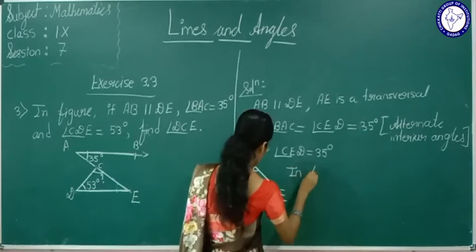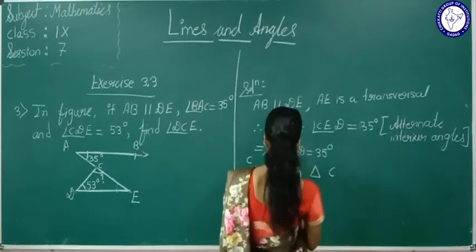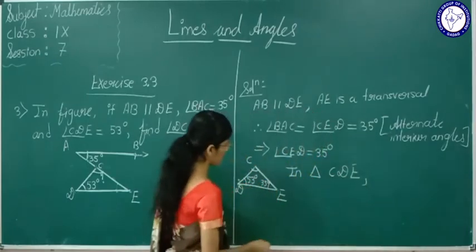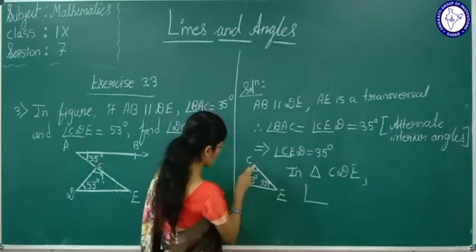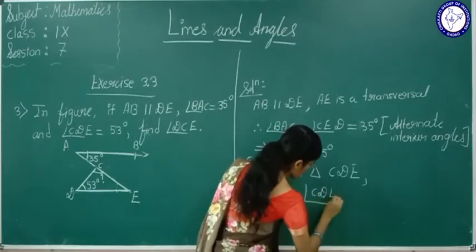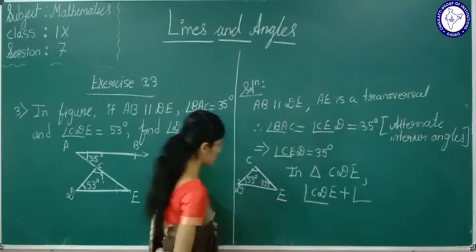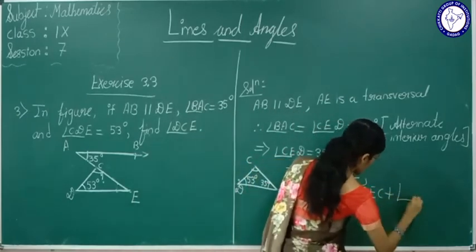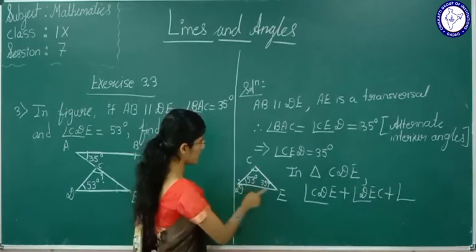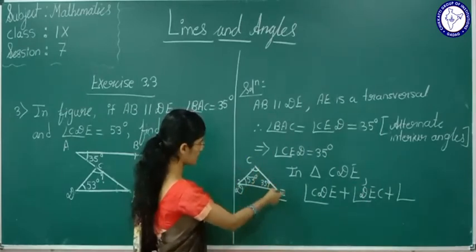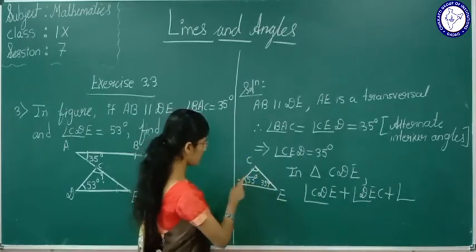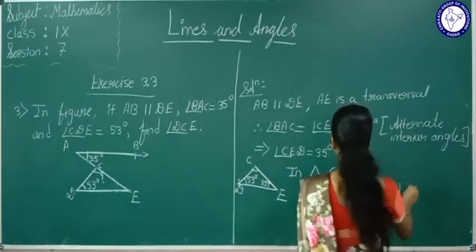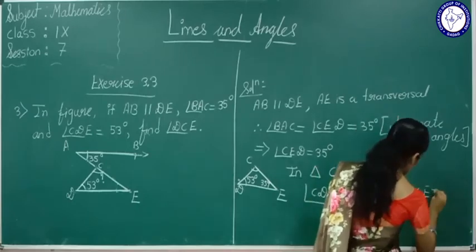So, in triangle CDE, now see, angle CDE plus angle DEC plus ECD or DCE is equal to 180 degree.